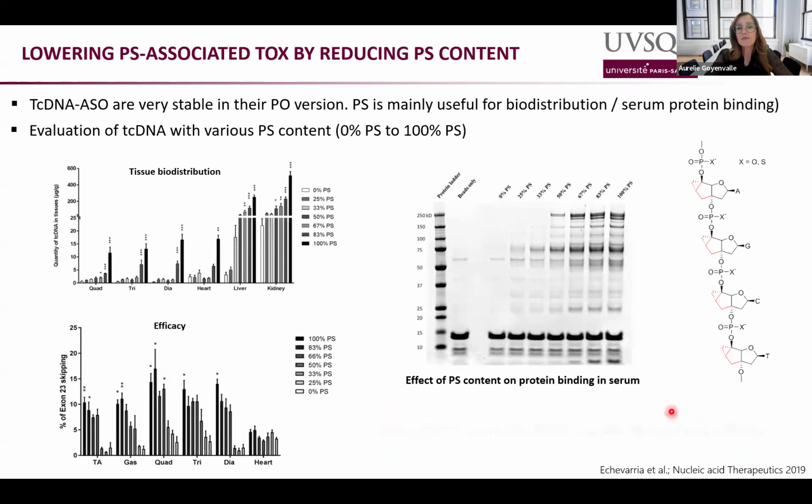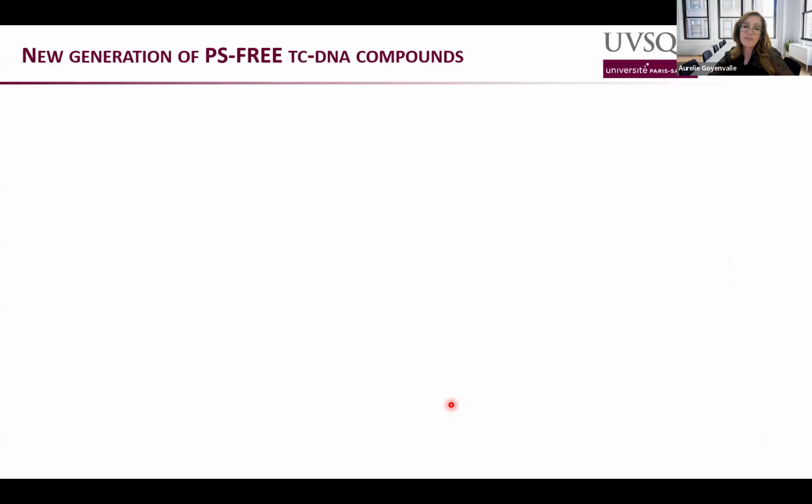And that's not a surprise considering the serum binding. So this is the plasma protein binding of the oligonucleotides. So clearly the fully phosphorothioated oligo binds a lot of protein in the plasma, whereas the full phosphodiester does not bind much protein. So reducing the PS content is possible, but it clearly affects the biodistribution and the efficacy.